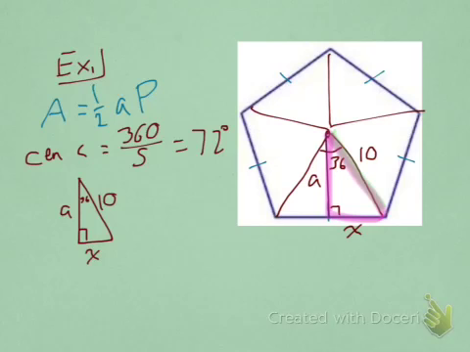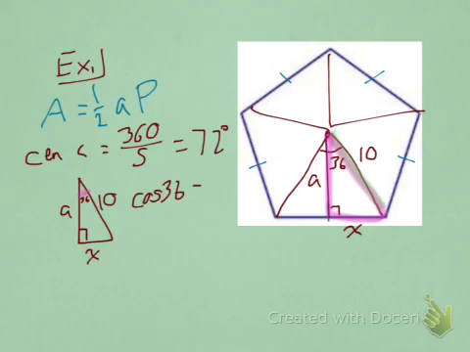Cosine, sine, or tangent? Well, half of this central angle, this 36-degree angle here, is adjacent to the A, and 10 is the hypotenuse. So I'm going to use cosine in that case. Cosine of 36. Right? Cosine is the adjacent over the hypotenuse.